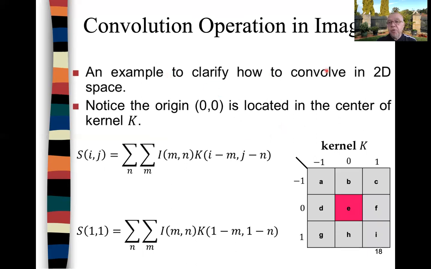So here is an example to clarify how to convolve in 2D space. This is your kernel, and these are the values of your kernel. You have the corresponding values at each location of the kernel, A, B, C, D, E, F, G, H, and so on. And then this is your image.